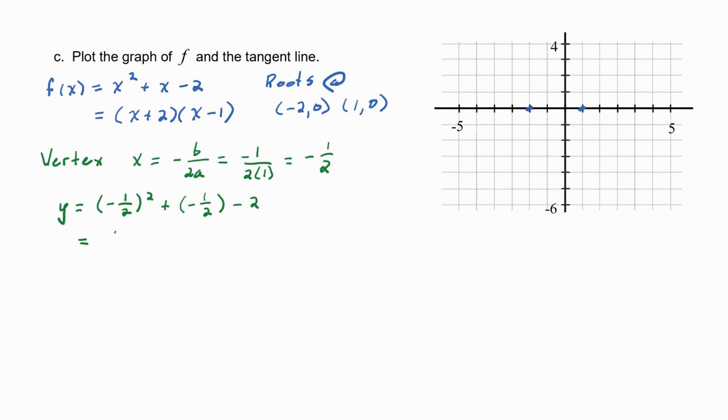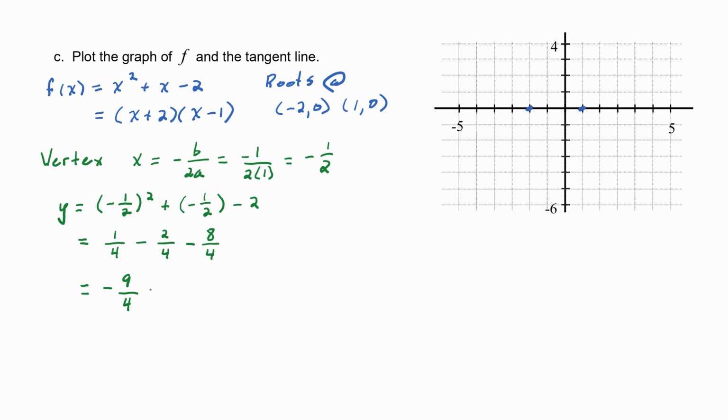This would equal 1/4 minus 1/2, but let's get a common denominator and call it 2/4, minus 2, but again, we get the common denominator and call it 8/4. So that means the y value is going to be 1 minus 2, which is -1, minus 8, -9/4.